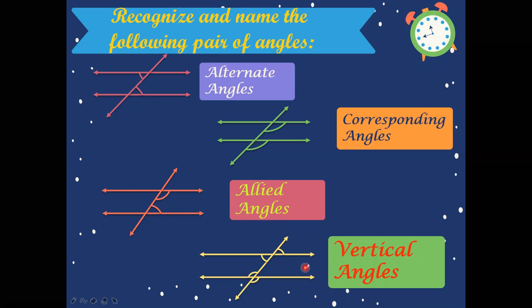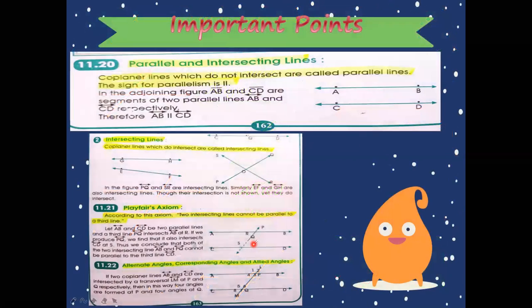Okay, now that's the end of the lecture. Now I'm going to show you the important points in your book, and you have to mark them. Open your book right now, open page number 162 and mark the definition of parallel lines and intersecting lines.